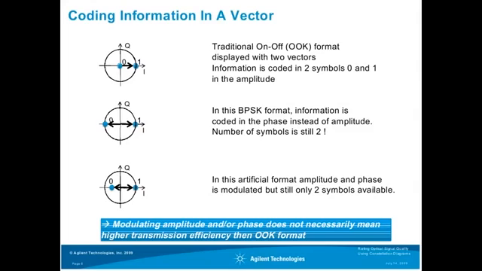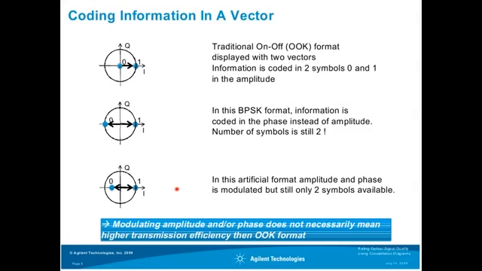Assuming a pure phase modulation format like BPSK, here the information is coded, as already mentioned, in the phase, and the amplitude stays constant. Still, we have only 2 symbols available to code with 0 and 1. And last but not least, we can also mix amplitude and phase. I have shown here an artificial format, which is amplitude and phase modulated.